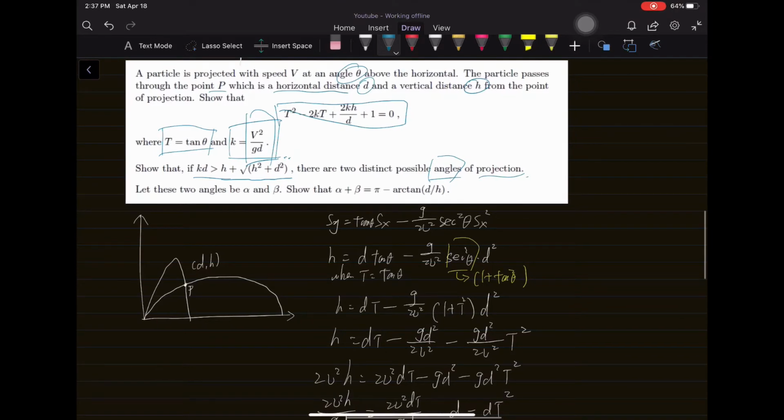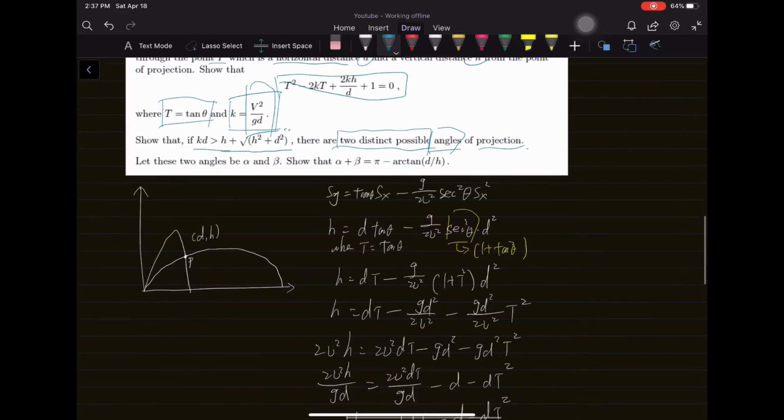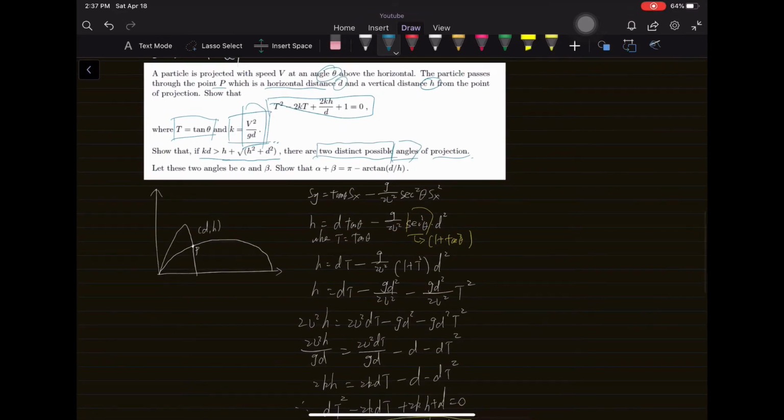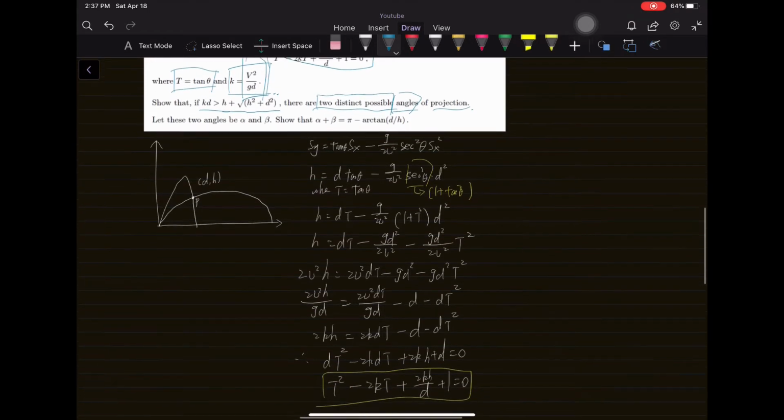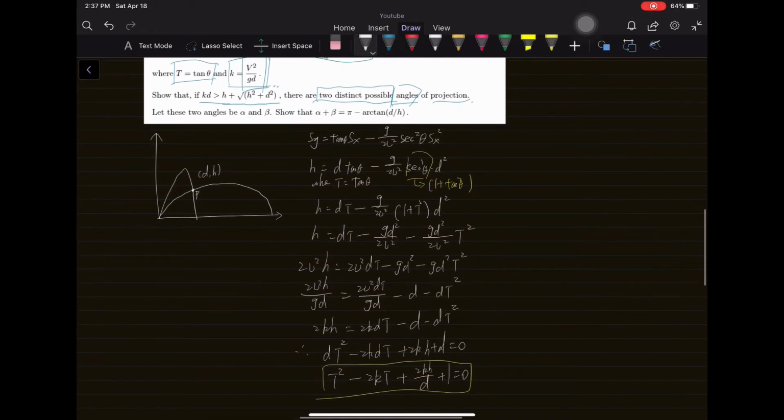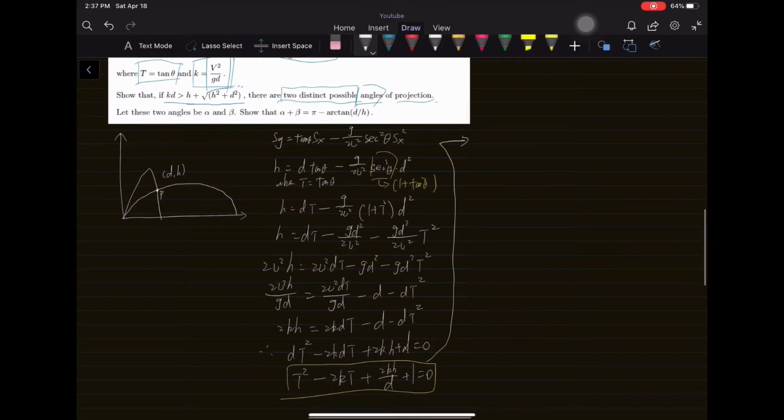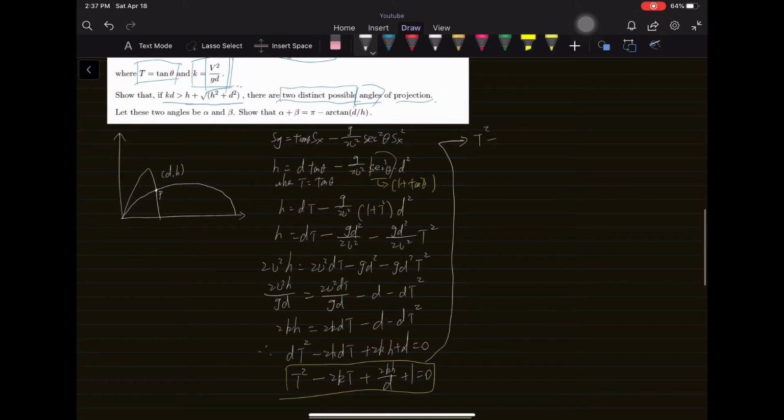Whenever we see this kind of statement, two distinct possible solutions, what must come to mind is that it has something to do with quadratic equations, and luckily we have it here. Perfect quadratic equation: t squared minus 2kt plus 2kh over d plus 1 equals 0.